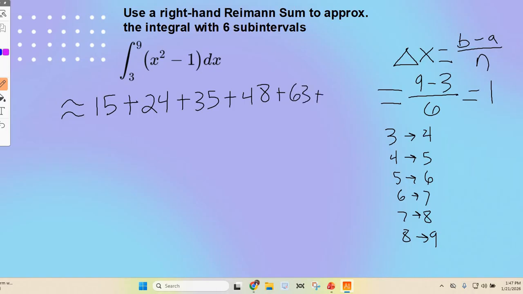And then lastly 9 squared is 81, minus 1 is 80. So then if we add all of those together, we should get 265. And that would be our answer there.